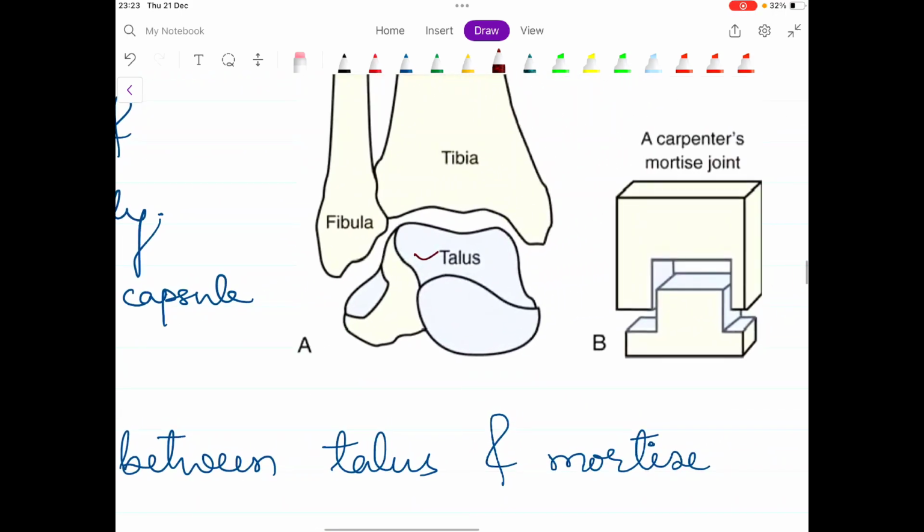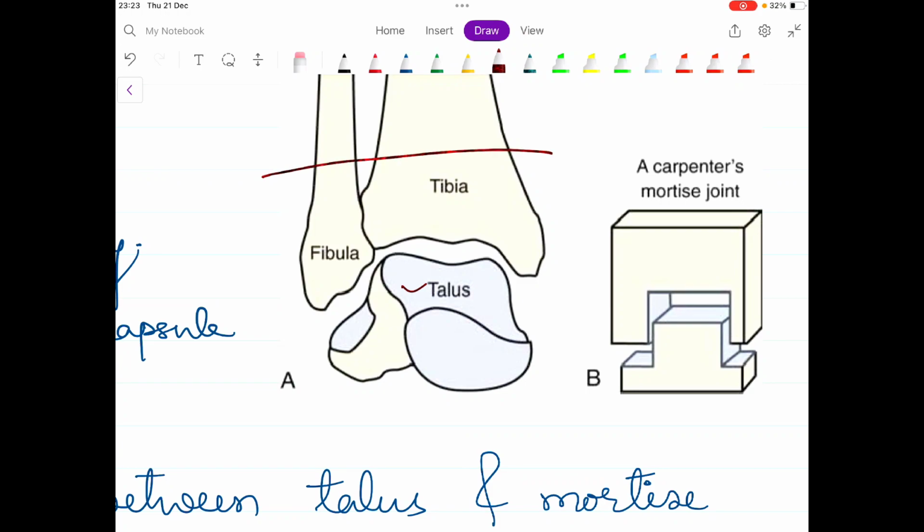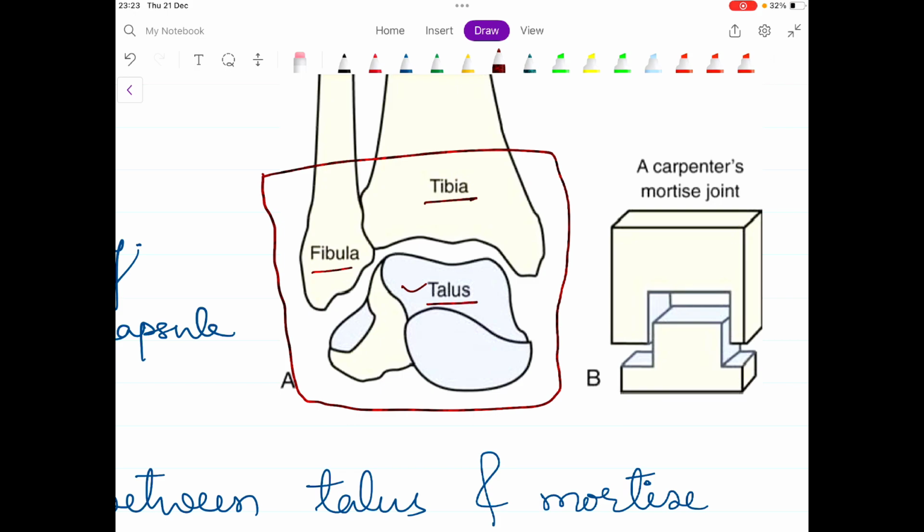And if you talk about the structure, this one here is the structure of the ankle joint. Okay, if you go into the details of this structure, at first we will talk about the proximal and the distal articular surface. Okay, so here if you see, the proximal articular surface includes the tibia and fibula, and the distal articular surface includes the body of the talus.